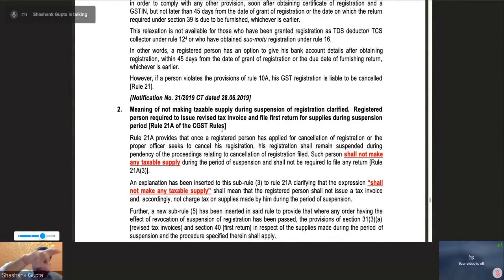So he will have to file all the details for this duration. Also, he will have to issue revised tax invoices, because in suspension he would not have issued any tax invoices. So he will then have an option to issue revised tax invoices. Okay?